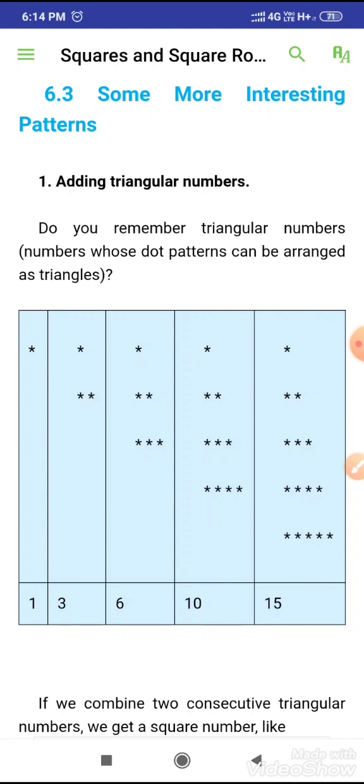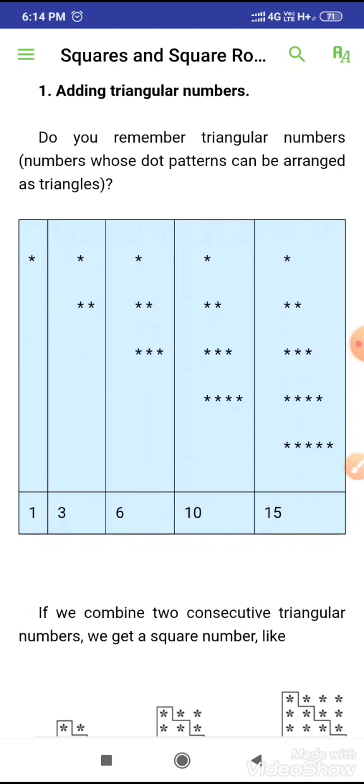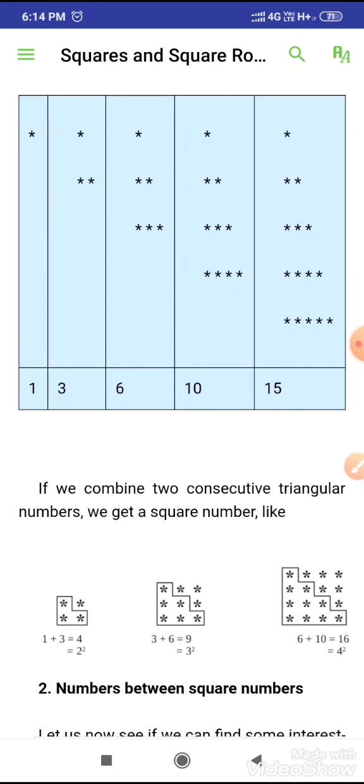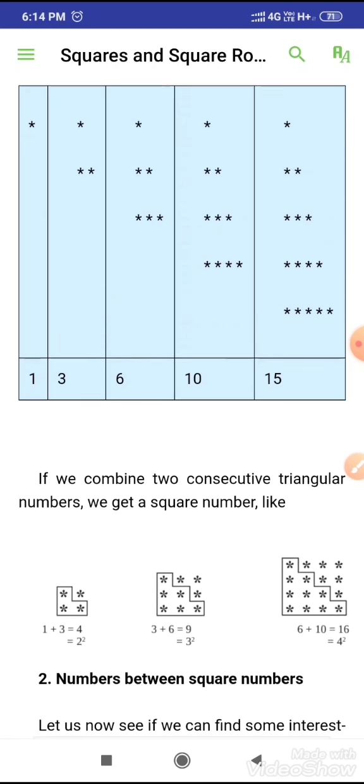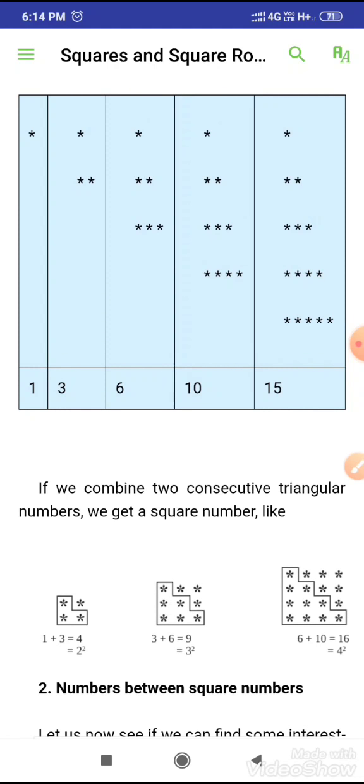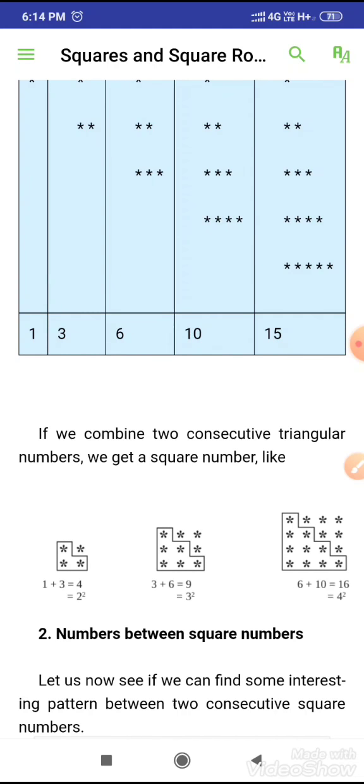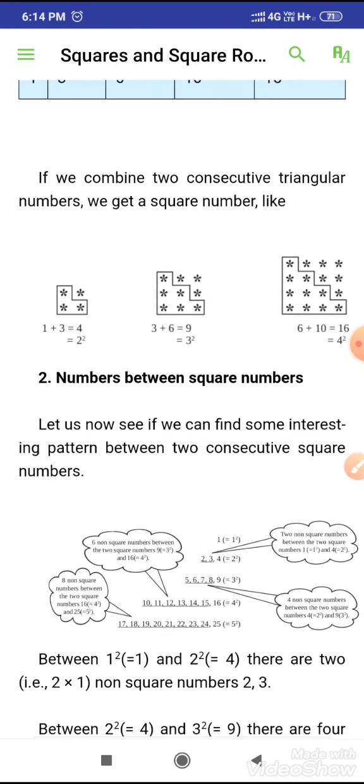So 1, 3, 6, 10, 15 are the triangular numbers. If we combine two consecutive triangular numbers, we get a square number, like 3 plus 1 is 4, 6 plus 3 is 9, 10 plus 6 is 16, and all these numbers 4, 9 and 16 are square numbers.